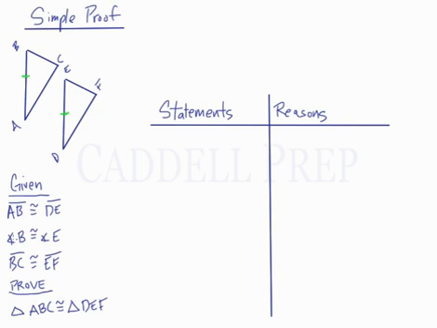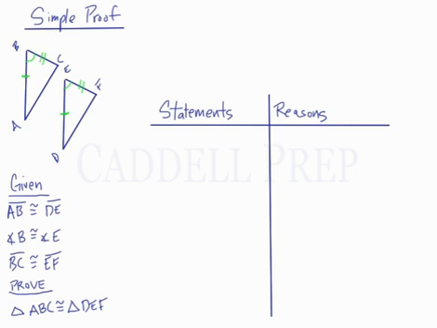Okay, we're also given that angle B is congruent to angle E. So this angle B is congruent to angle E. And then BC is congruent to EF. So we have line segment BC is congruent to line segment EF.